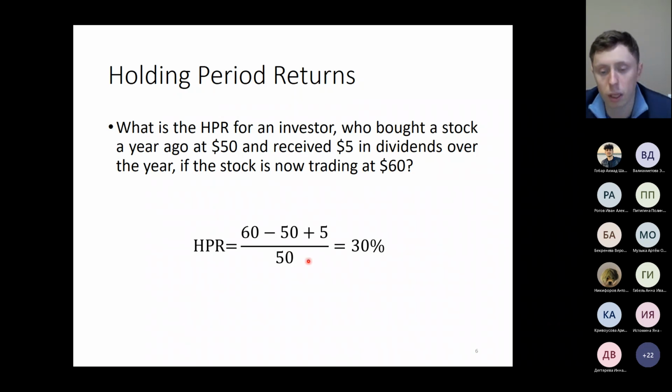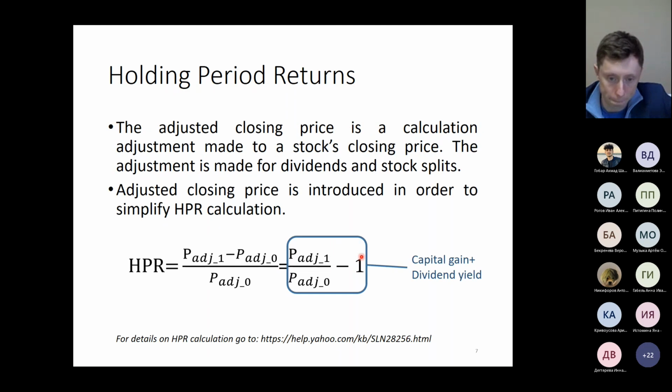At the denominator, we have the investment that we made, the price that we have to pay for a stock. And the holding period return in this case is 30%. If we talk about annual return, this is a very good result.